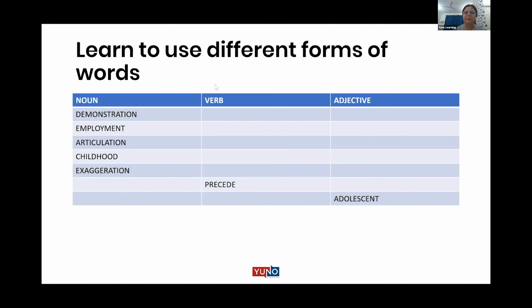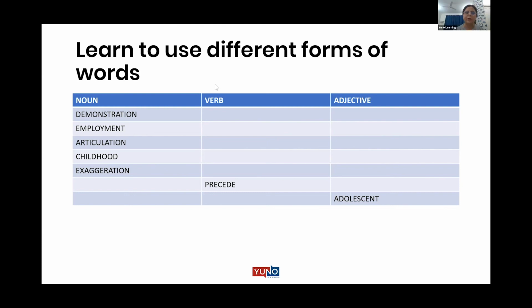What about adolescent? Are you all familiar with the word adolescent? Yeah, I am familiar. Right. Please tell me, what does it mean? It means something related to kids, like child. Adolescents are immature, generally referred to with kids. Which age group? Teenagers. Teenage, yeah, below 18.